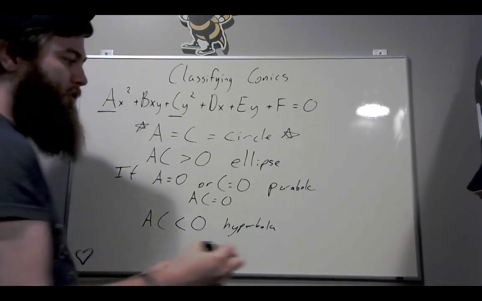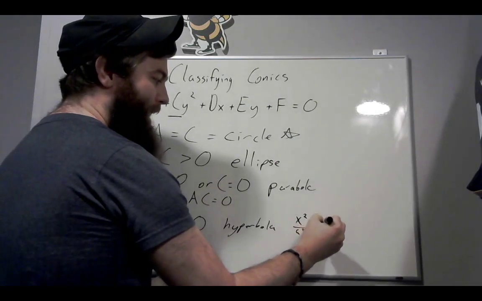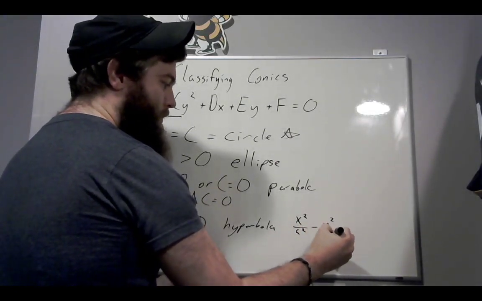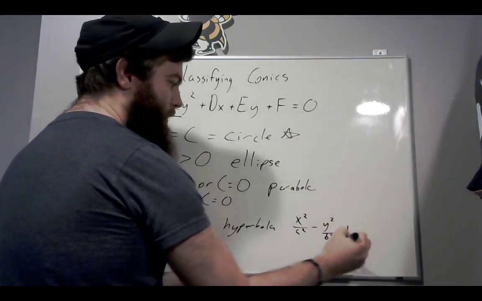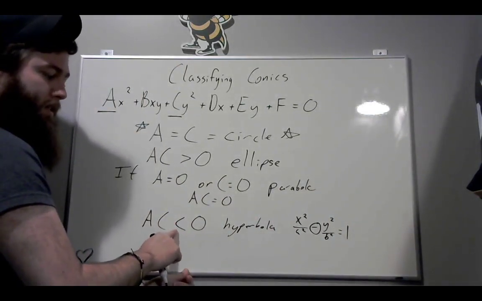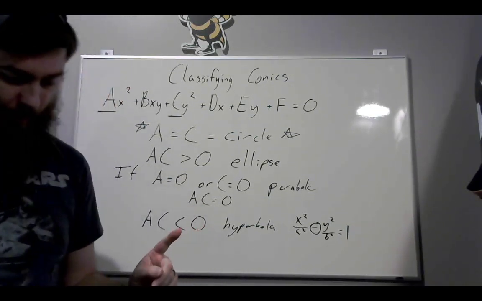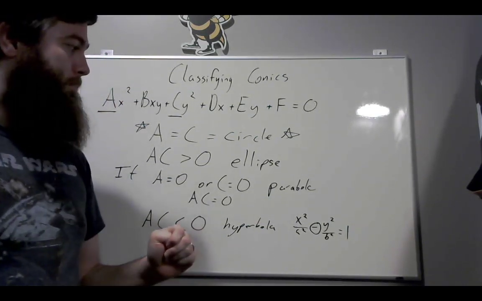Because if you remember, for a hyperbola, it would be x squared over a squared minus y squared over b squared equals 1. So it's this minus we're looking for, so that's why we would get that less than 0. So as long as you have one negative, you would have a hyperbola.